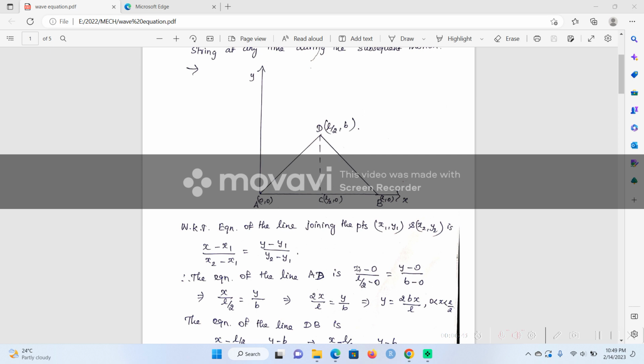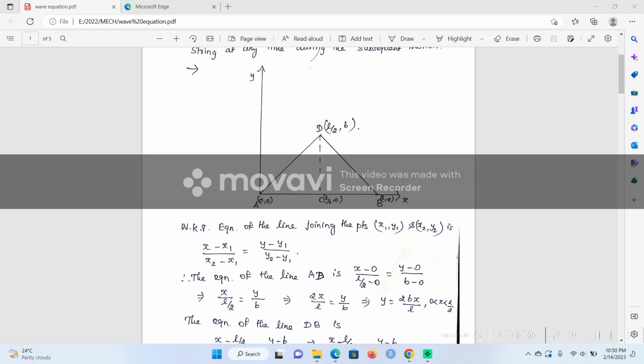Substituting in this equation, x1 is 0, y1 is 0, x2 is L by 2, y2 is b. Substituting those values and simplifying, we will get y equal to 2bx by L, where x varies from 0 to L by 2.